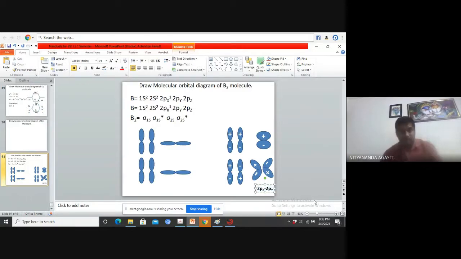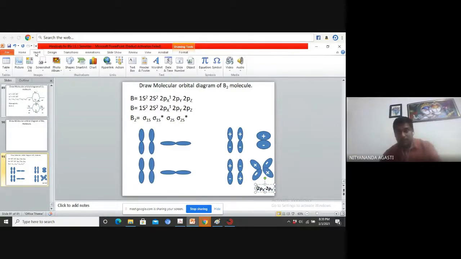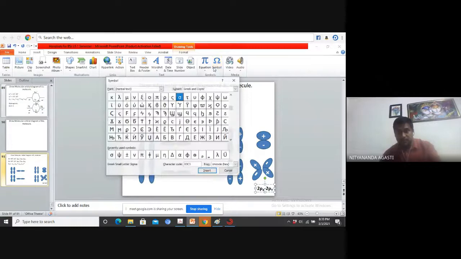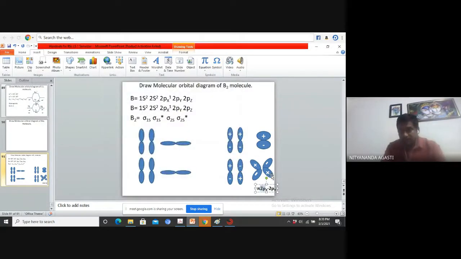Let me get the symbol for you quickly. Quickly, I will leave with this pi. Make all these in this one. This will be pi star. Pi star.